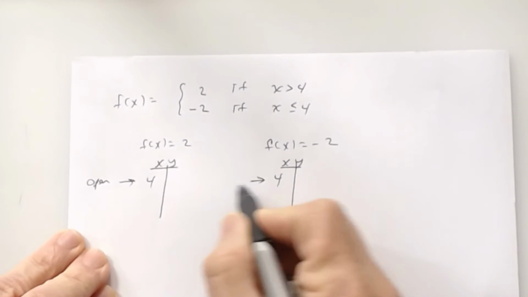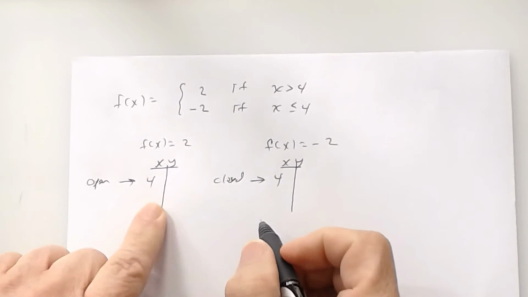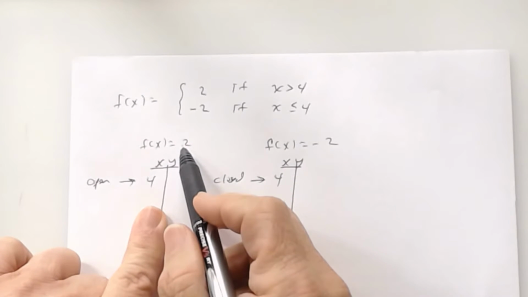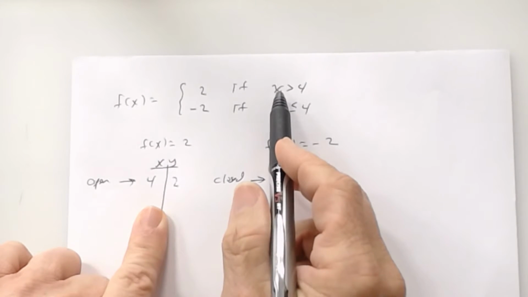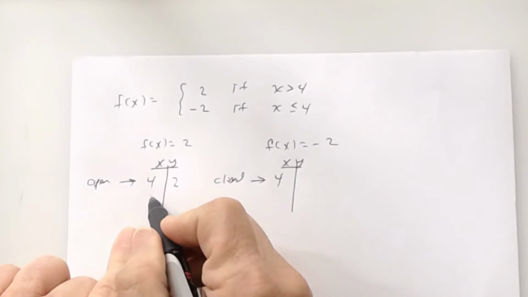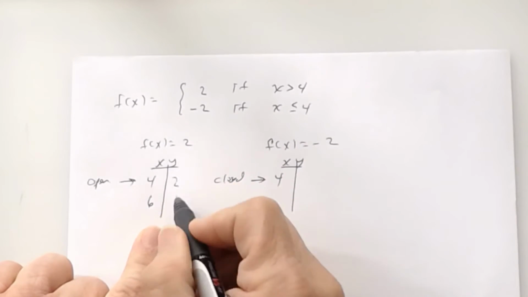And that's going to be closed, because that one does not have the equal sign, that one has the equal sign. So when x is 4, that says y has to equal what? 2. Now give me another value for x that's in this domain. 6. When x is 6, y has to equal what? 2.